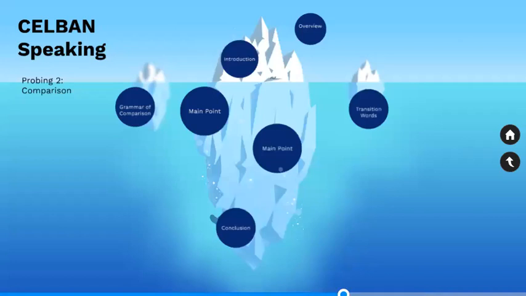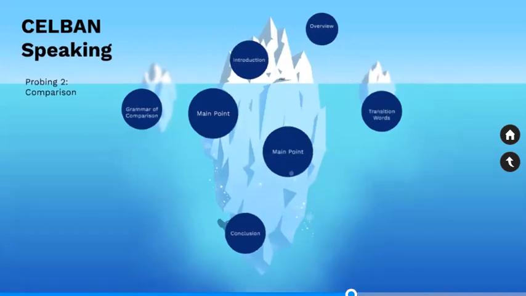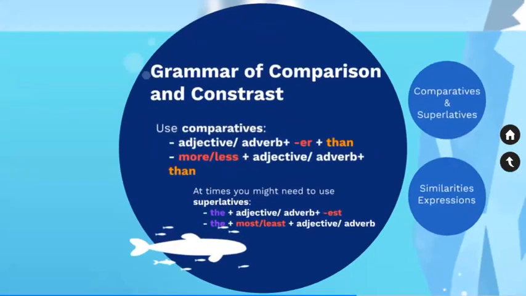Next, let's move on and talk about the grammar of comparison. So the grammar of comparison and contrasts is obviously using comparatives. The way you form comparatives is by using an adjective or an adverb plus er plus than, or by using more or less plus adjective or adverb plus than.